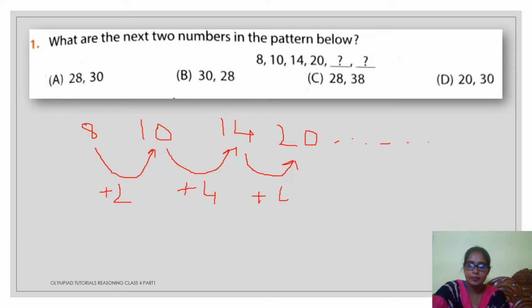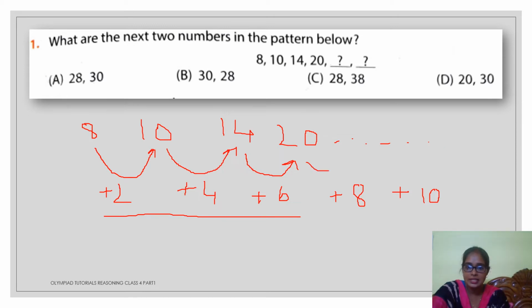plus 6. So here you can observe that this series is in the multiples of 2: 2 times 1 is 2, 2 times 2 is 4, 2 times 3 is 6. So the next number you will get in this series will be adding the next multiple of 2, that is 8, the fourth multiple of 2. And the next will be the fifth multiple of 2, that is by adding 10. So here you have 20.